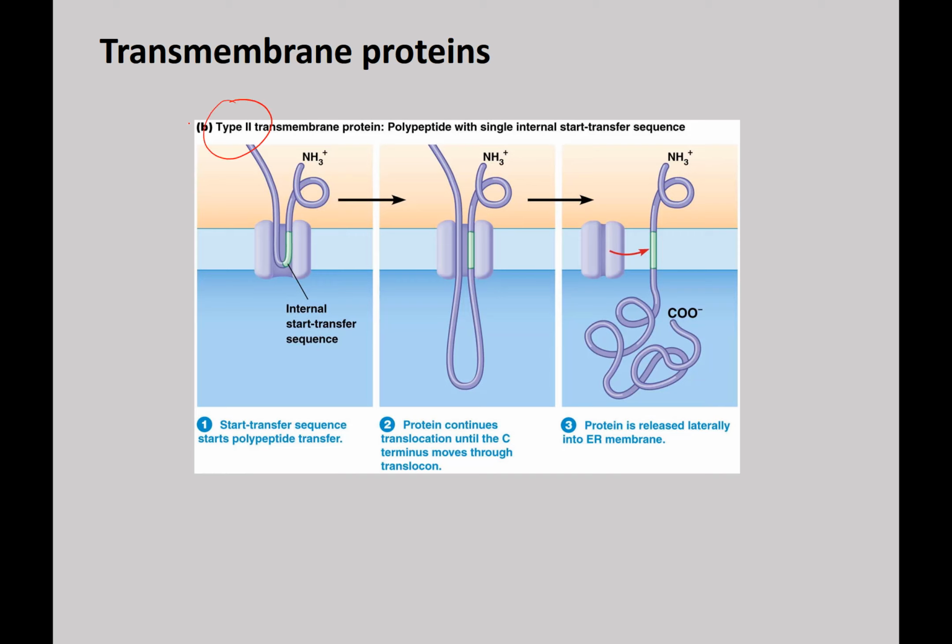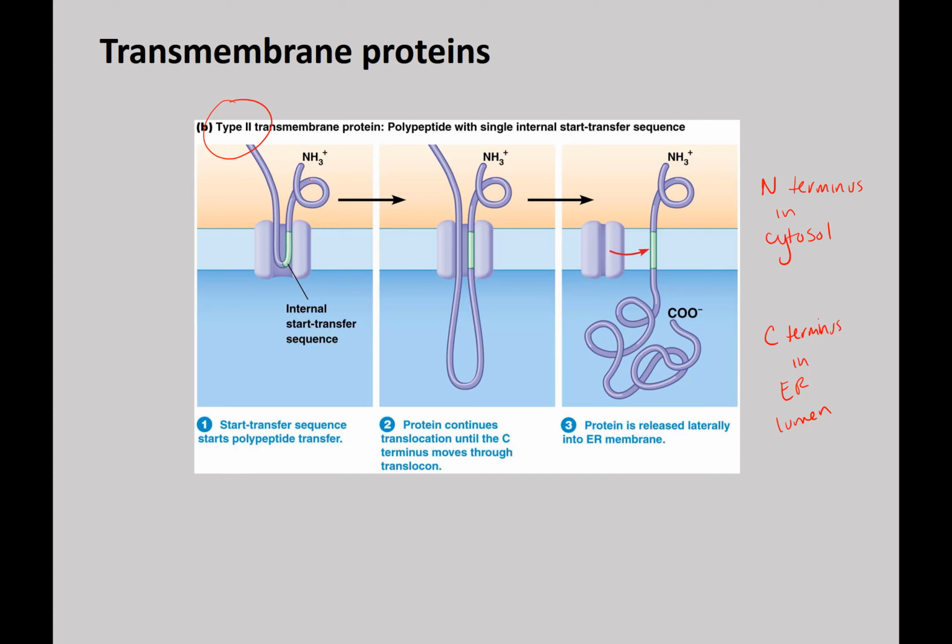Type 2 transmembrane proteins just have their orientation switched. So in this case, the N-terminus is in the cytosol, and the C-terminus is in the ER lumen. Okay.